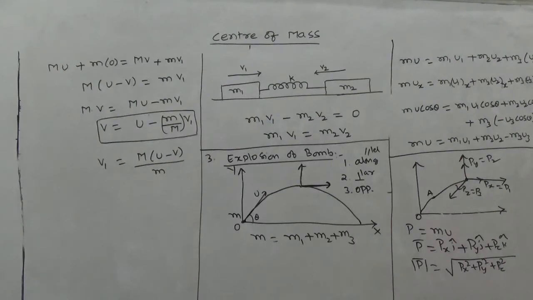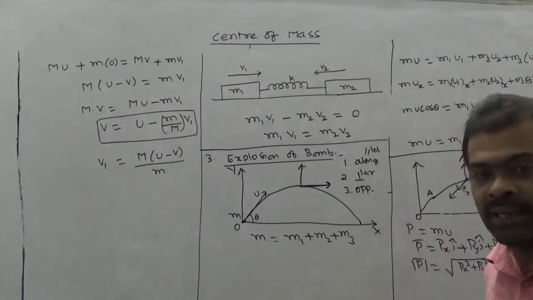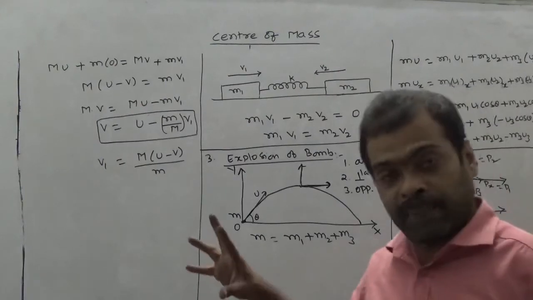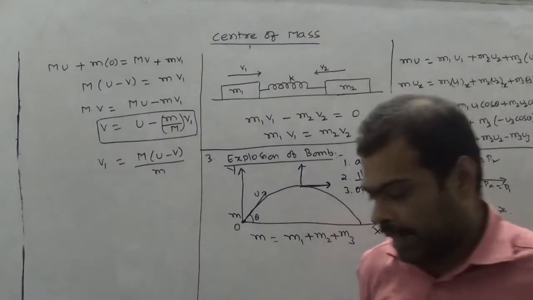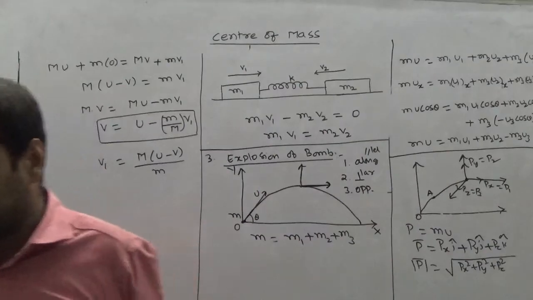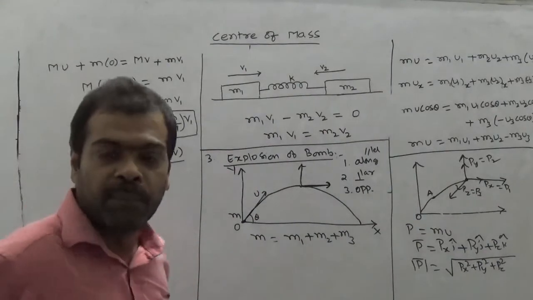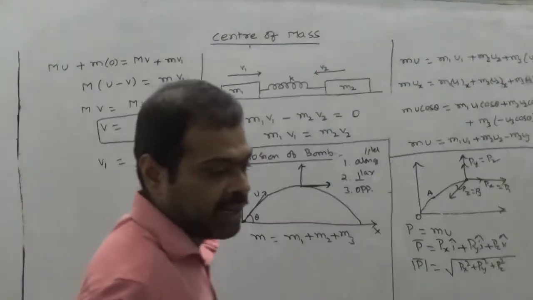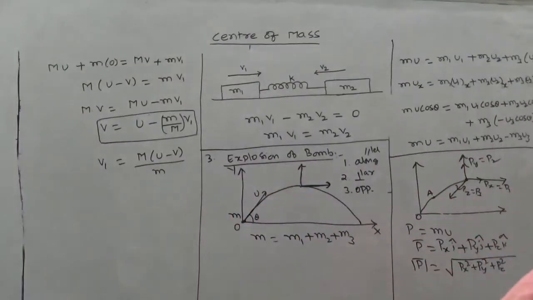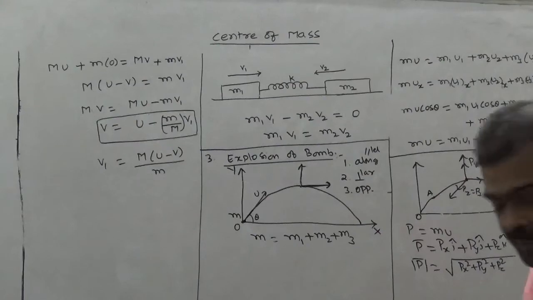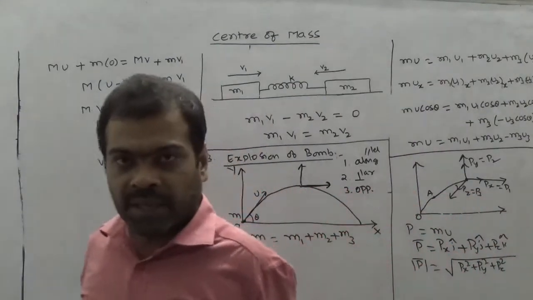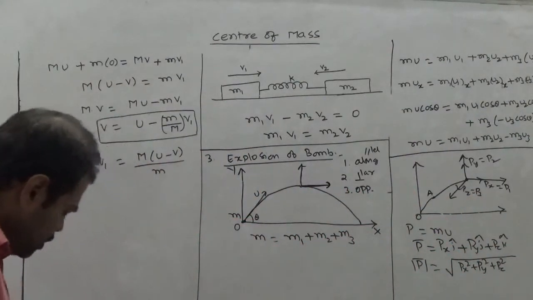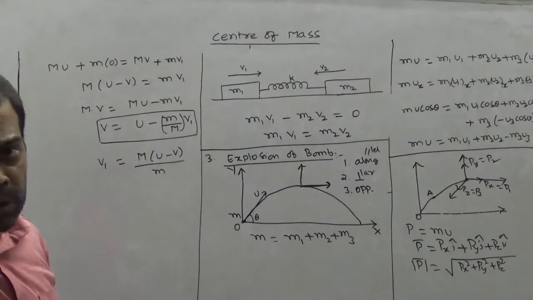These are the applications. Correspondingly to the bullet and block system, we have the motion of a man on a plank or motion of a man on a platform, and these applications are most important.